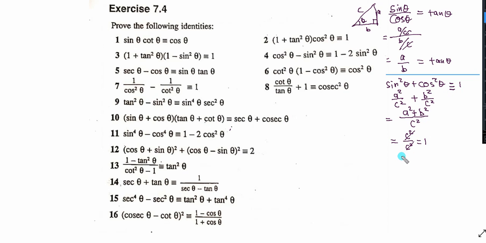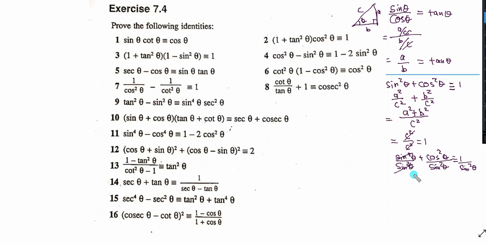Okay, now therefore you have sine square theta plus cosine square theta equal to 1. This is the first identity. Remember, put a three line instead of the normal two line, which represents the equal sign. This represents the identity. Now you divide sine square theta by sine square theta by sine square theta.